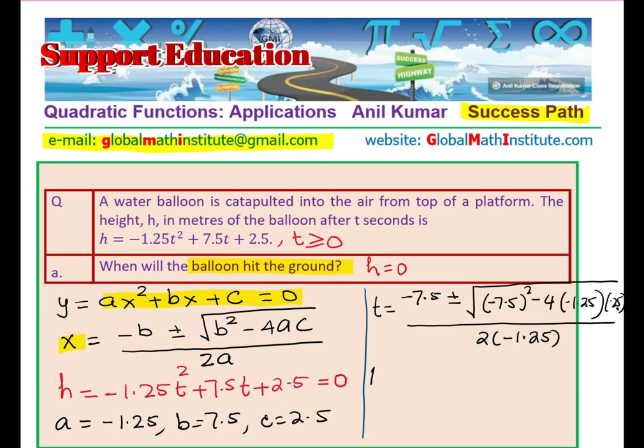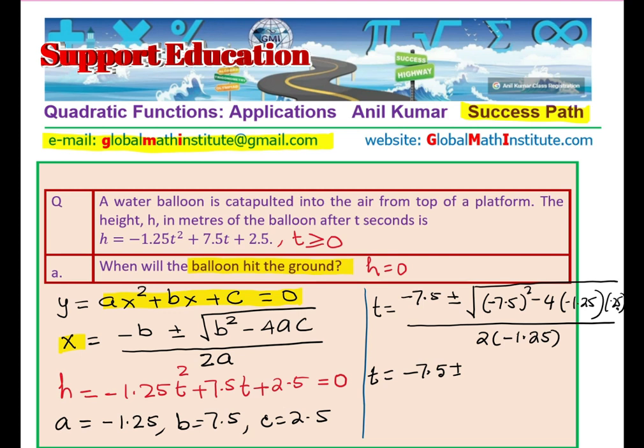Right, so let's use the calculator to find the value within the radical. Negative 7.5 square is as good as 7.5 square. And from this, there are two negatives inside, so we'll make it positive 4 times 1.25 times 2.5, and that is equal to 275 by 4.